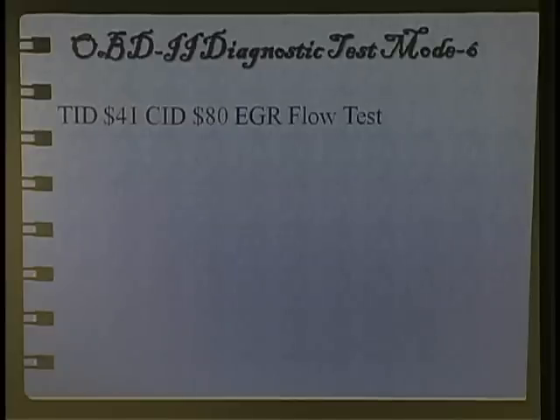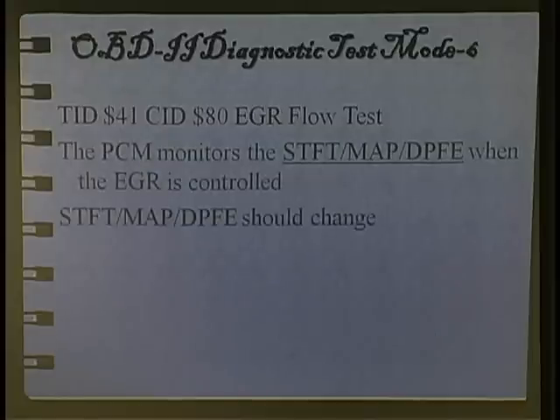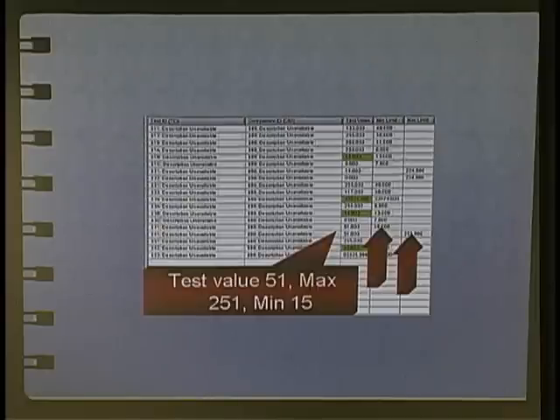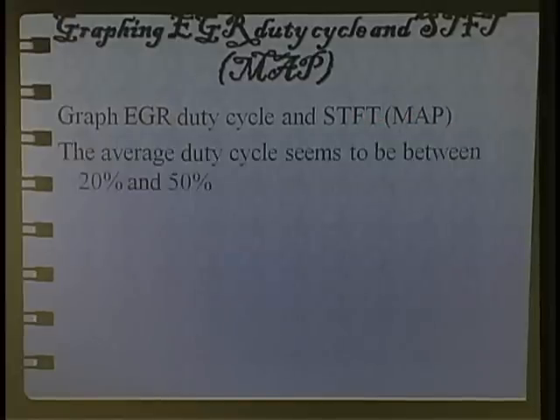EGR is best tested with TIDs and MIDs and SIDs. If you really want to know what EGR is doing, if it's passing or failing, you're going to look in Mode 6. Mode 6 will tell you more than you can even dream about. On GM and Chrysler, you can graph EGR duty cycle versus MAP or mass airflow. And here's a quick and down and dirty Ford, Chrysler and GM EGR test.